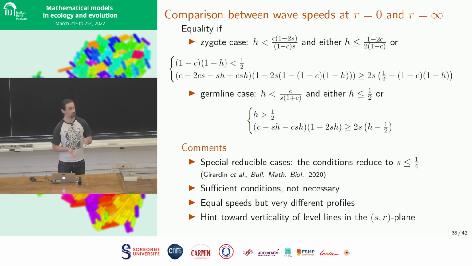These conditions are sufficient, but not necessary, because it's a KPP type criterion, and there are monostable waves that are pulled but not KPP. But we heard enough about pulled and pushed fronts this week. As I said before, the speeds might be equal, but the profiles are definitely not. And this is a first hint towards the verticality of level lines in the RS plane.